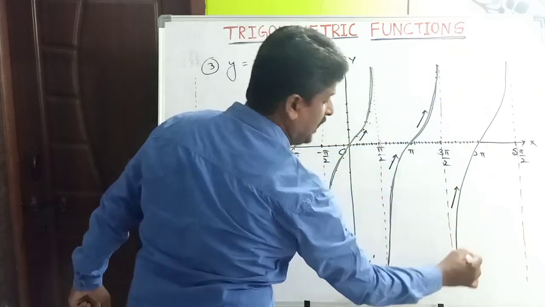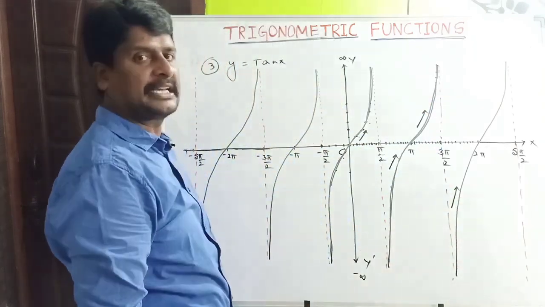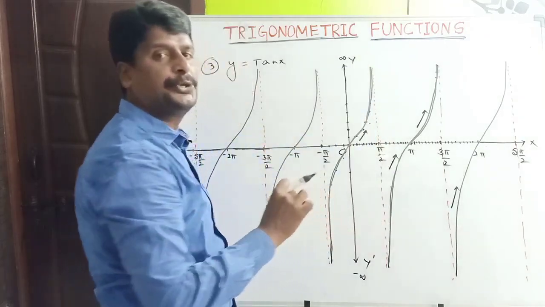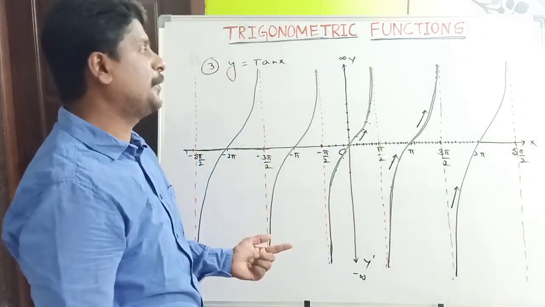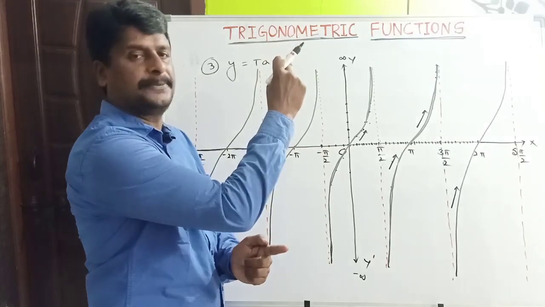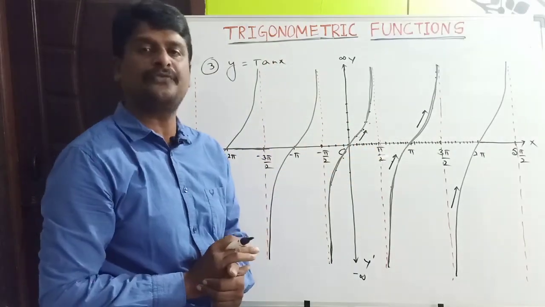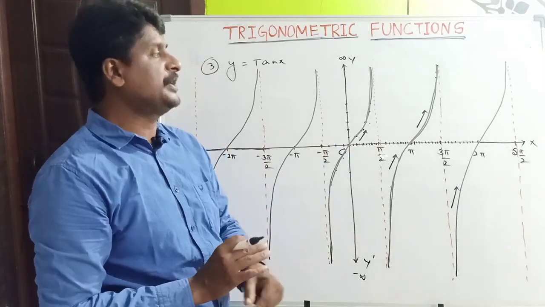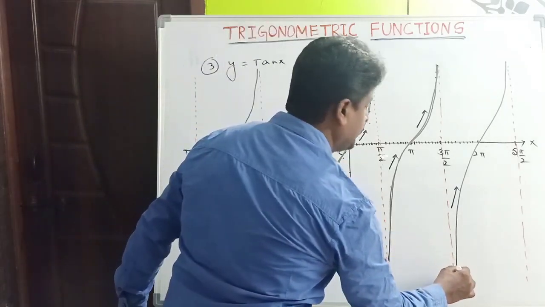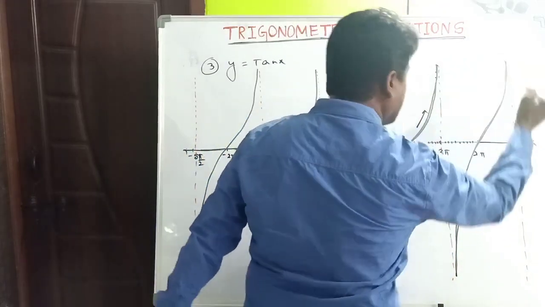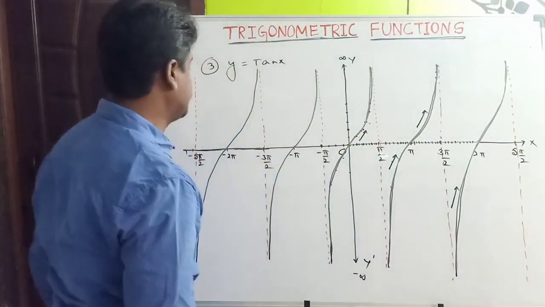At 3 pi by 2 we have to lift the marker to draw the graph. That's why pi by 2 is a discontinuous point. At that point the graph does not exist. 3 pi by 2 is a discontinuous point. At that point also the graph does not exist. 5 pi by 2 is also a point of discontinuity. At that particular point also the graph does not exist.